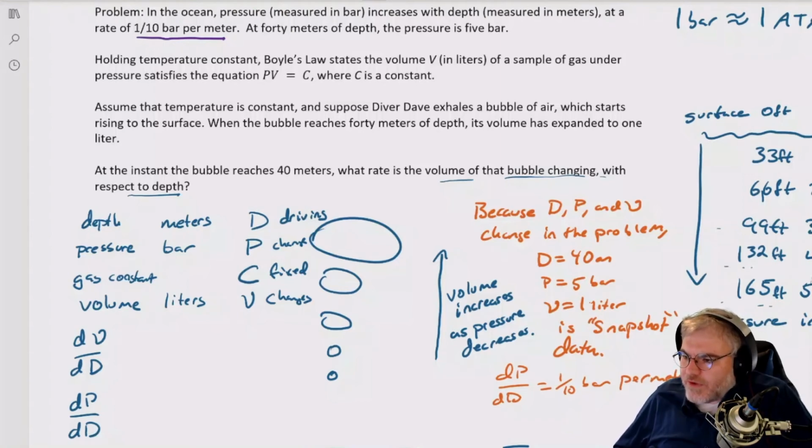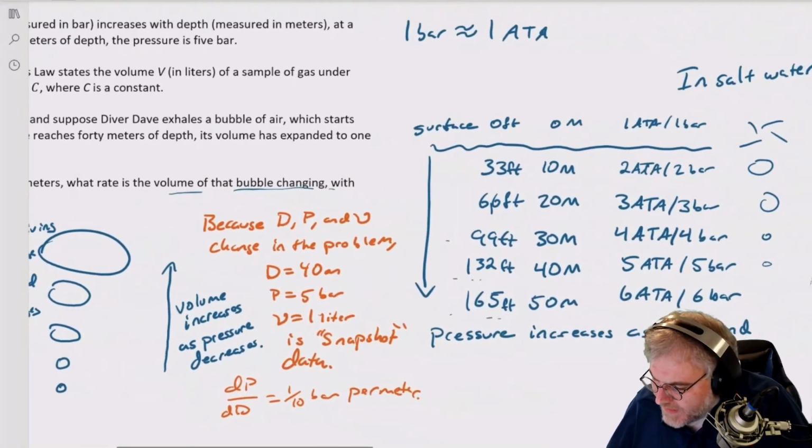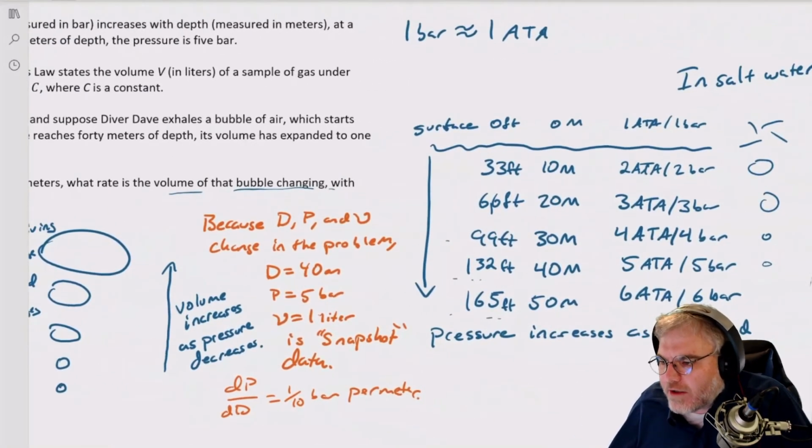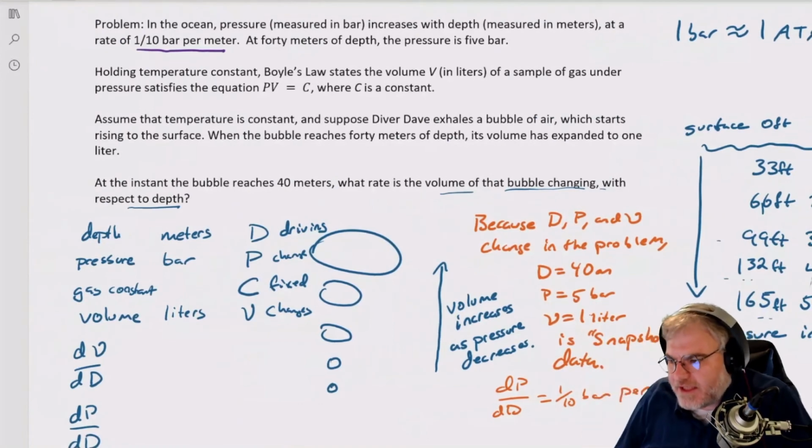Okay. Well, the 40 meters do matter in that the 40 meters is the thing that makes it 5 bar. But no, the 40 meters is superfluous data that you don't have to put in anywhere. So that's another thing these problems can have, traps, right? They can have irrelevant snapshot data. I didn't need it.